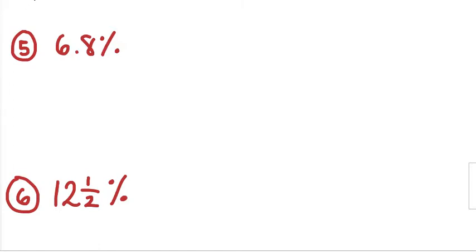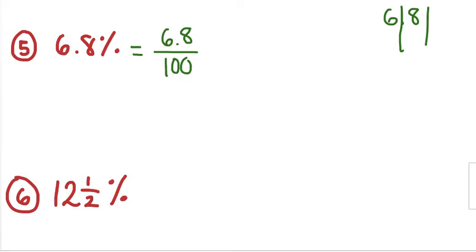It might look tricky, but we are not getting nervous, right, girls? Because we know that 6.8% only means 6.8 over 100. Yes? And if we use our grid, so I say 6.8, and I put this one, I'm going to use red to show here my decimal point so I don't get confused.